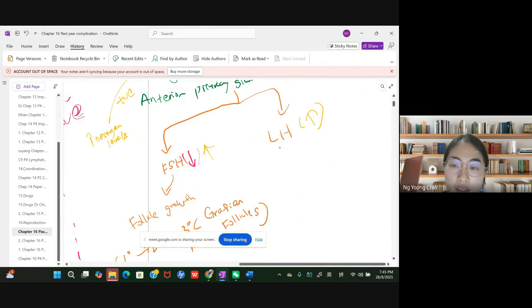LH will have a peak on day 14. You need to remember this: LH peaks on day 14 because of the LH surge. So when the LH surges on day 14, what will happen?